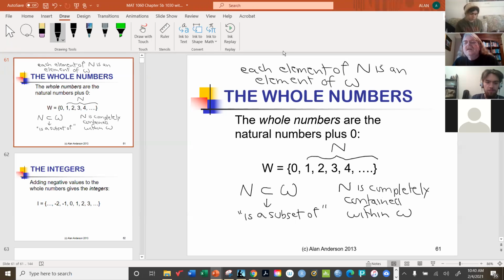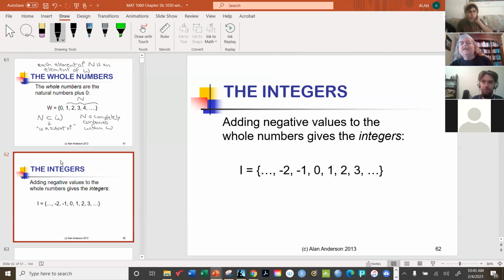Now, what we're going to do next is introduce for the first time an even more strange concept, which is negative numbers. So you can imagine how people reacted to the first time they heard about negative numbers. That's kind of an interesting idea. So all of a sudden we now have the integers, which for the first time go all the way up to positive infinity and all the way down to negative infinity. That's why there's 2 sets of dots, by the way. And what you're seeing here is that we not only have the 0, but now we have negatives.